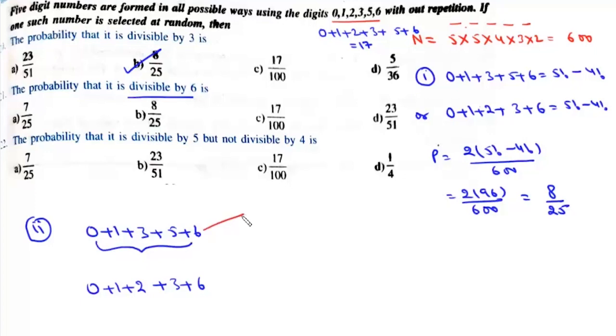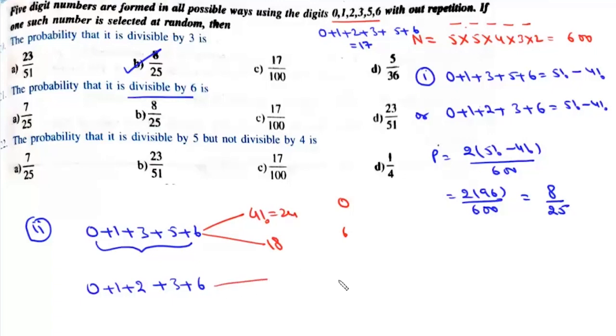We have this first case when the number ends with 0. If the number ends with 0, then the number of such numbers is factorial 4, and if the number ends with 6, then it will be factorial 4 minus factorial 3. Now factorial 4 is 24 and factorial 3 is 6, so there will be simply 18. So it will be 24 in this case and 18 in this case.